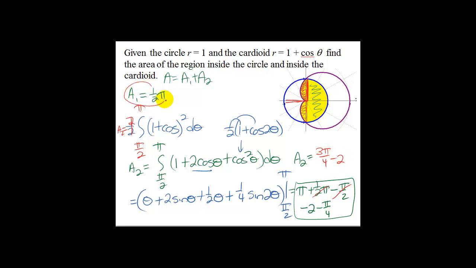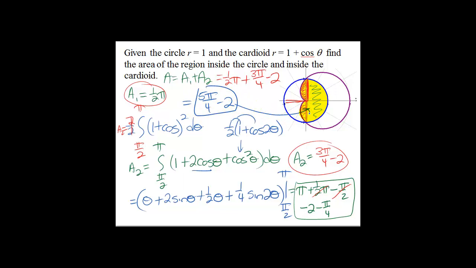So we have area 1 and area 2, so our complete area is going to be 1/2 pi plus 3 pi fourths minus 2. As we simplify that, this is 2 pi fourths, so adding those together, 5 pi fourths minus 2 for this yellow shaded area.